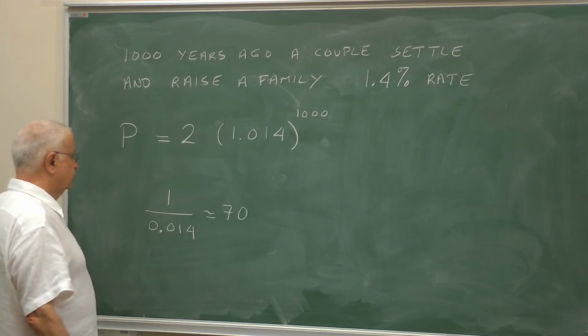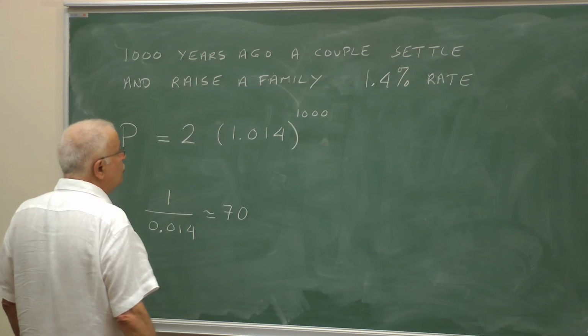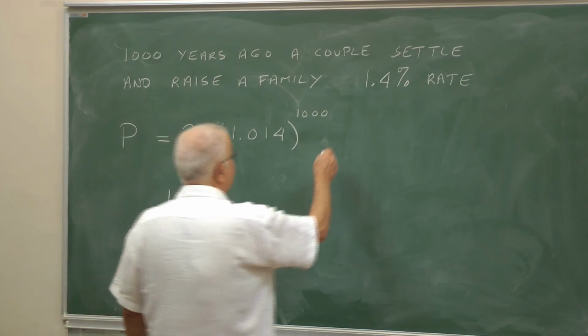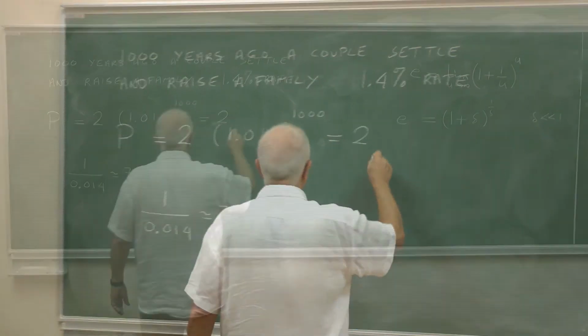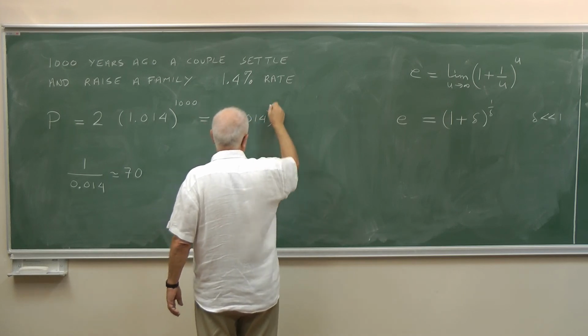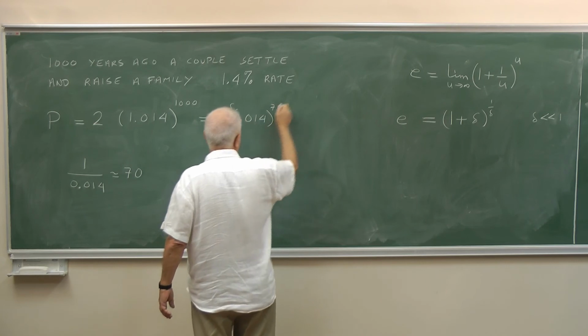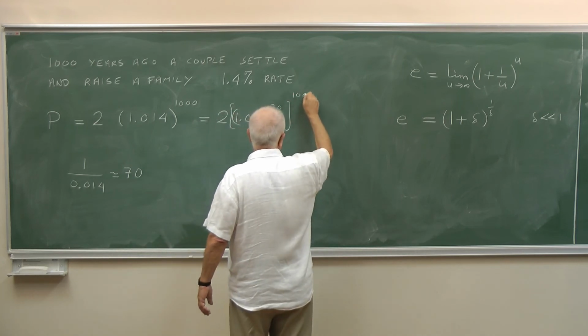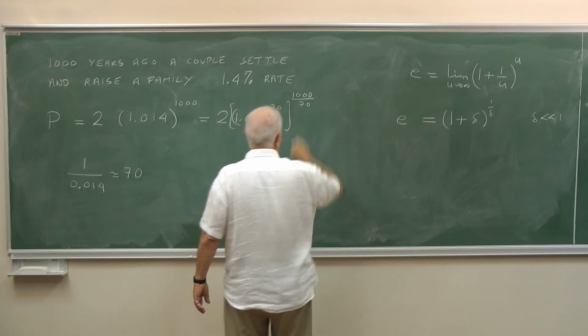So I can write this as 2 times 1.014 to 70 to 1000 over 70.